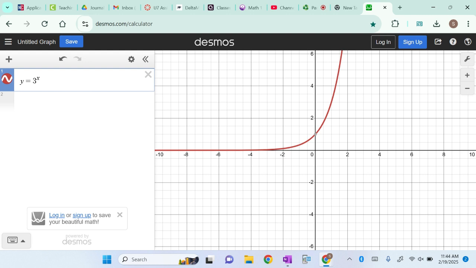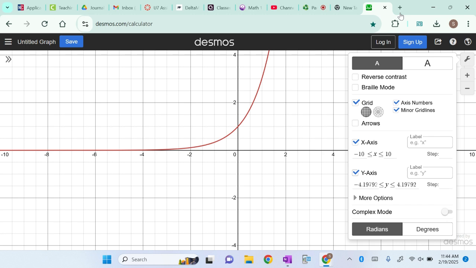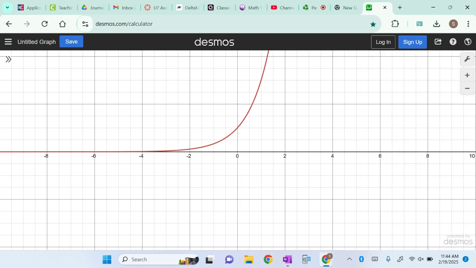And then since we're looking at our domain, I'm going to go to my wrench key and cut off the y-axis so I'm not distracted by it. This is a good strategy, especially if you're taking the EOC. If you struggle with domain and range in Desmos, you can actually turn the axes on and off. So all that's on there is the x-axis.